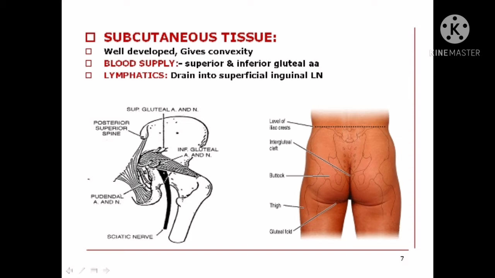The blood supply is from the superior and inferior gluteal arteries, and these are the branches of the internal iliac arteries. The lymphatics drain into the superficial inguinal lymph nodes.